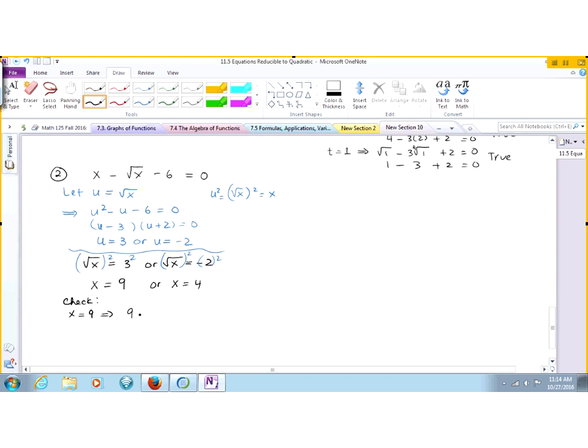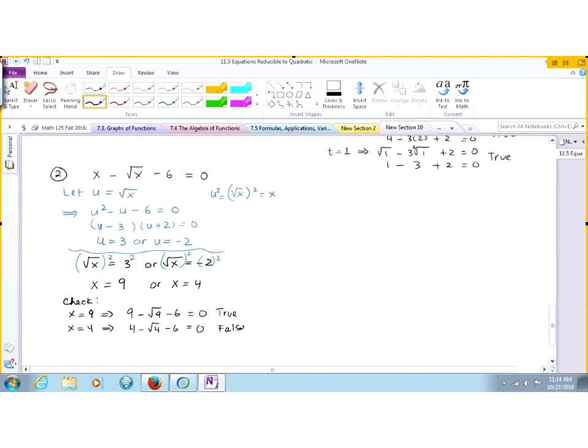Yeah. x is equal to 9. So you have 9 minus square root of 9 minus 6 is 0. Is it true or false? True. And then x is equal to 4.